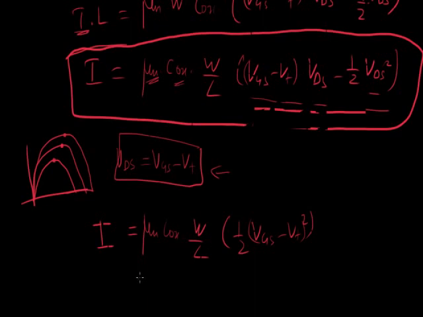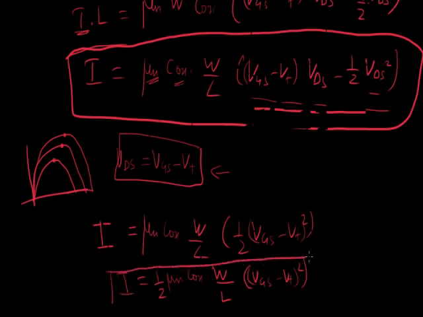Take this half and put it here: half mu n Cox W over L, VGS minus VT, the whole square. This is the equation of current flowing through a MOSFET, or an NMOS, when it is in saturation. Whew, you have finished.